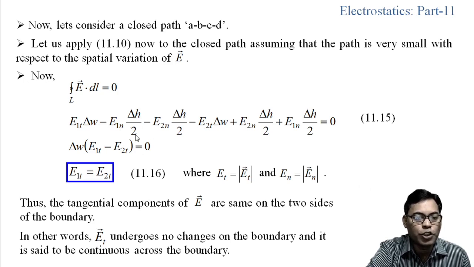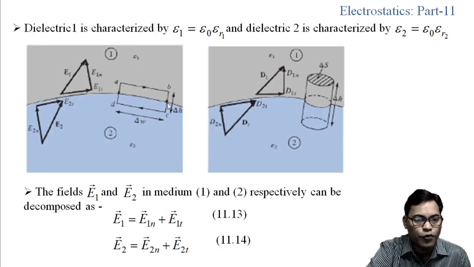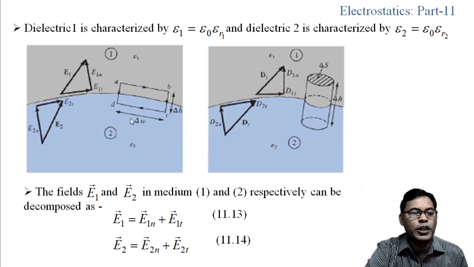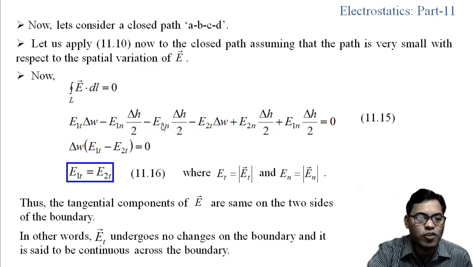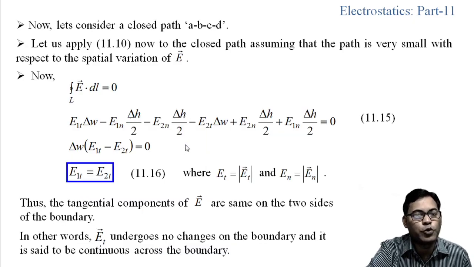Again, we move from this interface to the point C, so del H by 2, and now we need to consider the component of the electrostatic field, that is E2n. It is also in the opposite direction. We are moving from B to C, but the electrostatic field, the normal component, is in this upward direction, so it will be negative. That is why minus E2n into del H by 2.